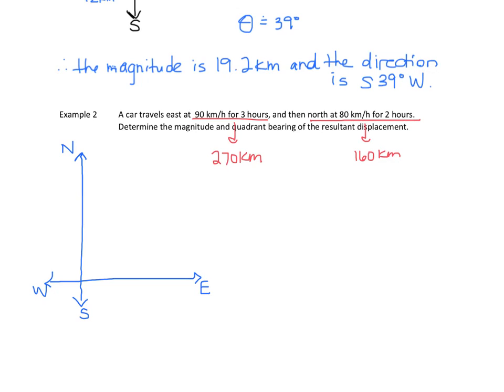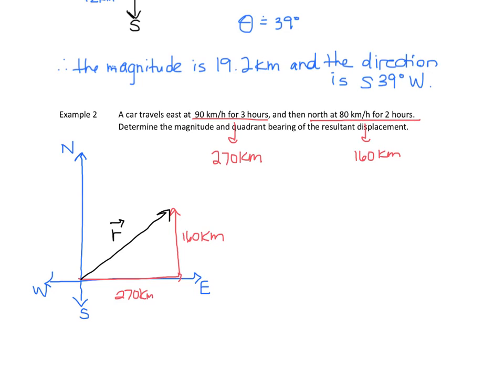Okay, so we're driving 270 kilometers east and then 160 kilometers north. Okay, and we are asked to find the magnitude and direction of the resultant vector, which would be here.